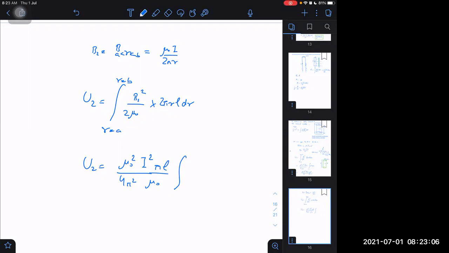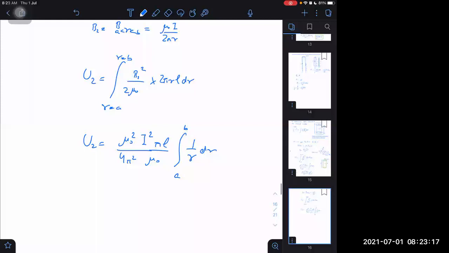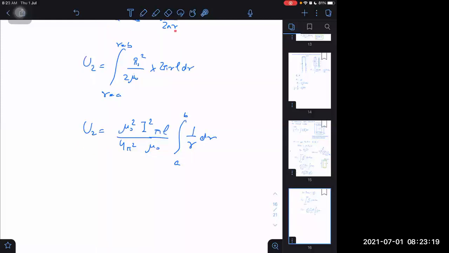So we will be getting finally R cube by, ln B by, 1 by R, 1 by R dr from A to B, not R cube. It was in denominator and that is in numerator. So we are getting finally I square into L upon 4 pi, mu naught remains above, and ln b by a, that is U2.